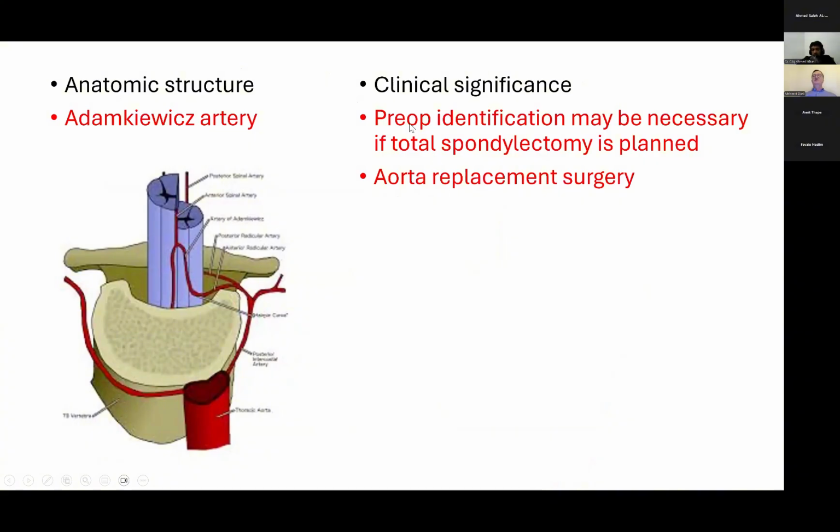Pre-op identification may be necessary if total spondylectomy or aorta replacement surgery is planned.